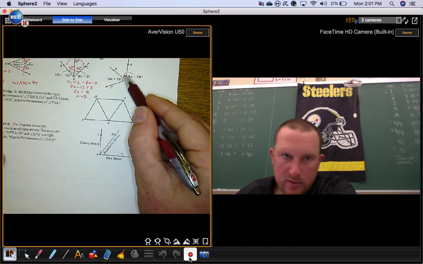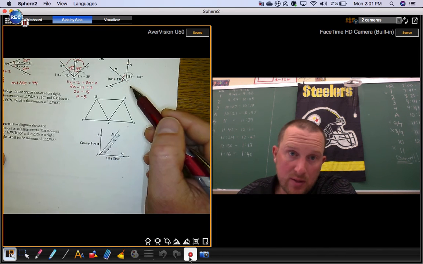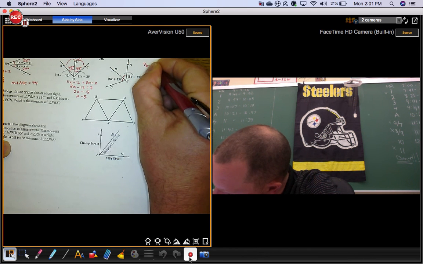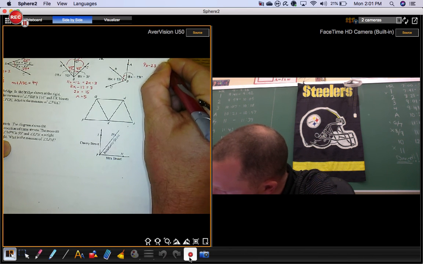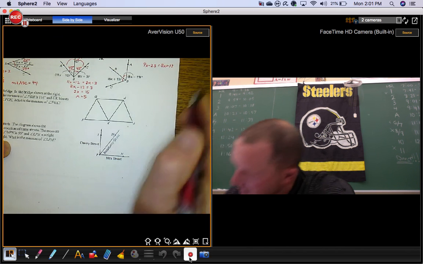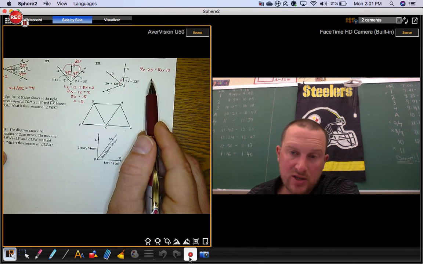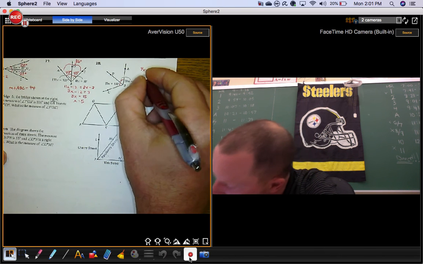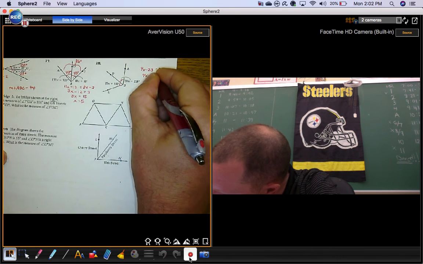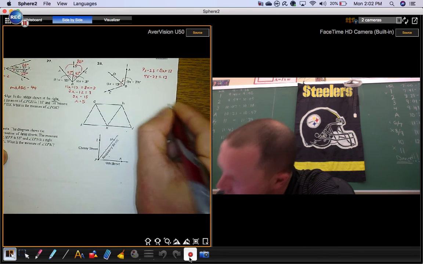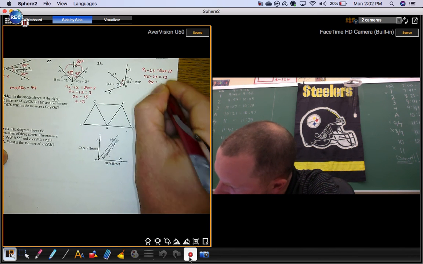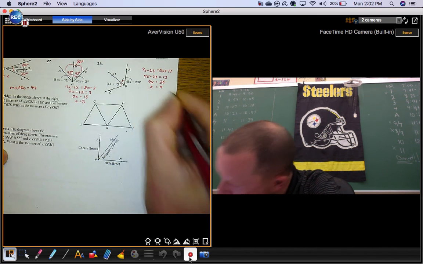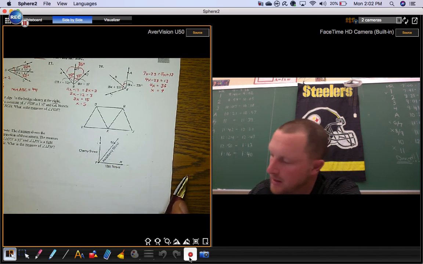These two angles, I don't know what they are, but I know they're the same. That's what the marks mean. Since I have the freedom to write my equation either way, I'm going to write it with the bigger coefficient on the left. Plug that x value in.